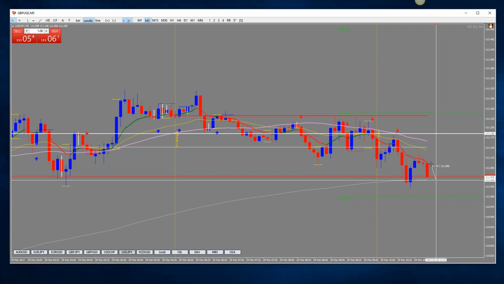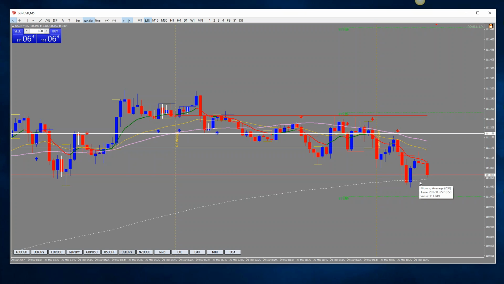Like right now, there's only 3-4 pips of room. I'm not really interested in taking the bounce off this 200. I love it when all the MAs are the right direction, and then it comes down to the 200, and then I'll take that bounce north off that. But that's not the consideration here.